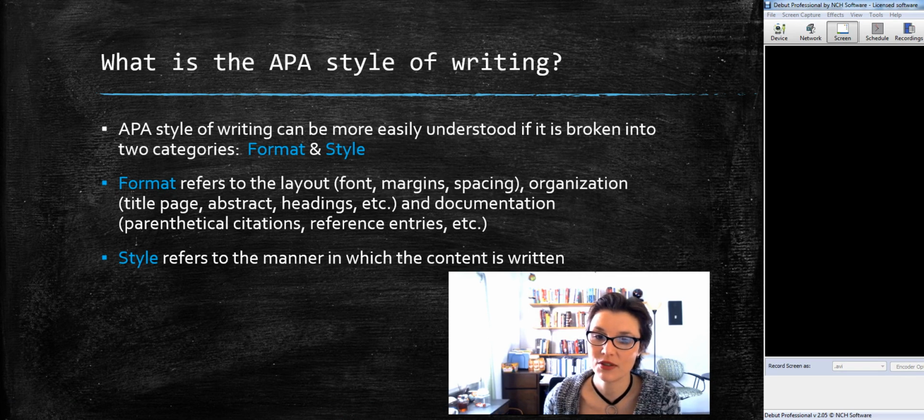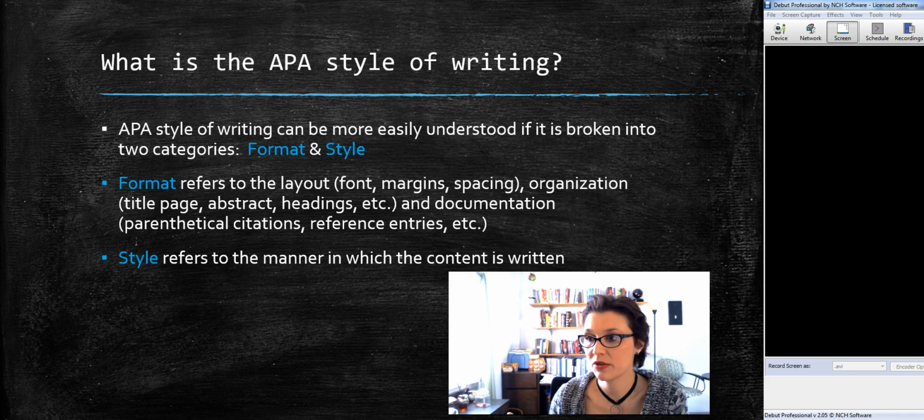A good way to help you understand APA is if you break it into two separate components. One we can call format and the other we will call style. Format refers to the layout. It would be the font, the margins, the spacing, organization, the title page, the abstract, the reference page.